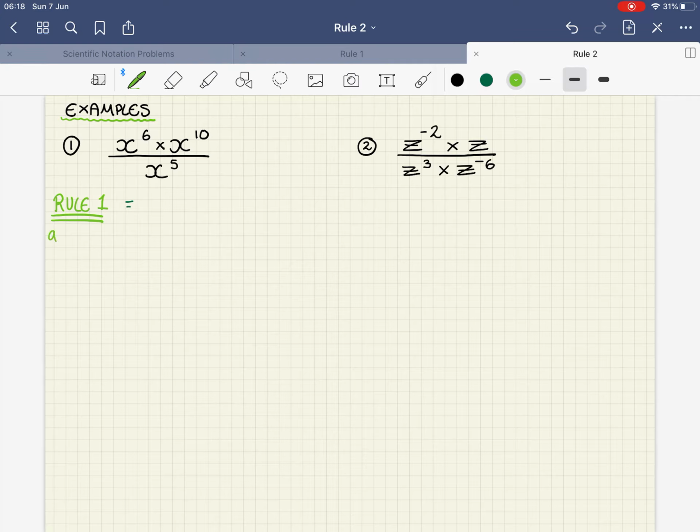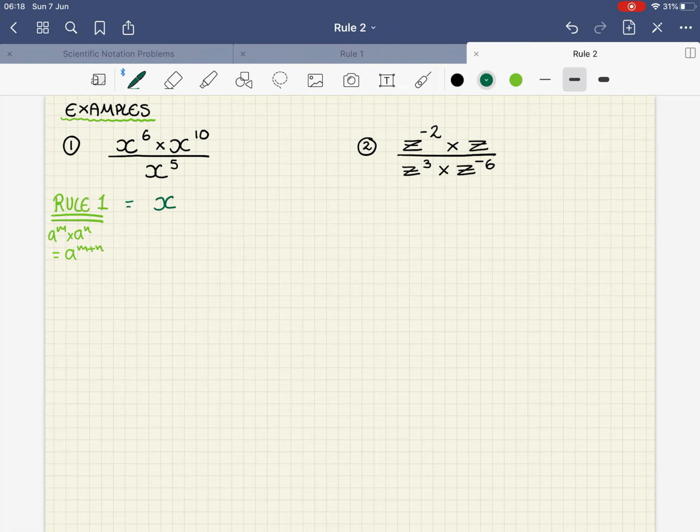So I'm just going to write out rule 1 here. And when you become more and more familiar, you don't have to do this, but it's a good way to try and help you memorize all these rules, because it will be a lot. It's fine at the start, but as you go through, it is hard to remember them all.